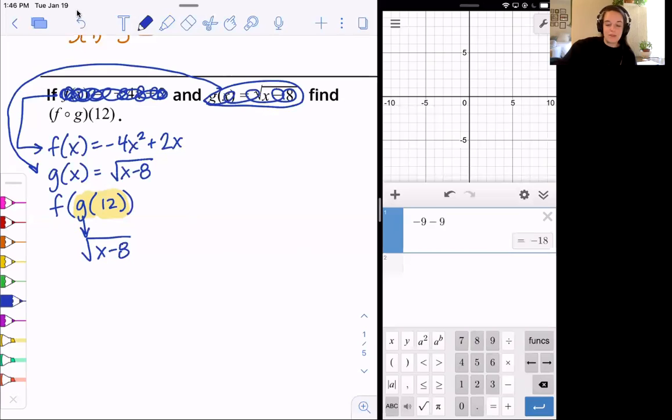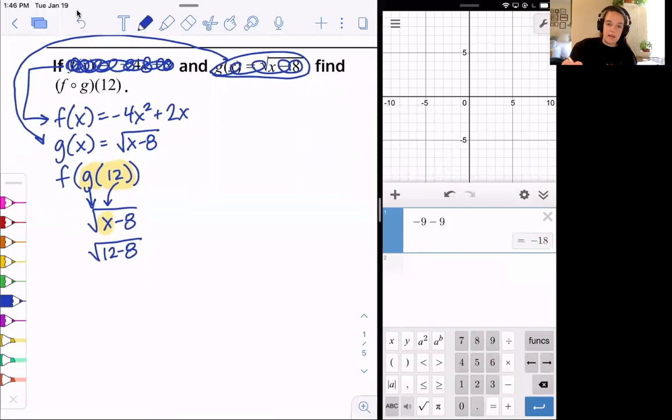Yeah, we're going to take the x out and replace it with the 12. Snaps for Ezra for coming off mute. Thank you, Ezra. So the 12 is going to come in here. We're going to say 12 minus 8. Noemi, can you help me simplify the 12 minus 8 and the square root? What do I do? Noemi, what do you got?